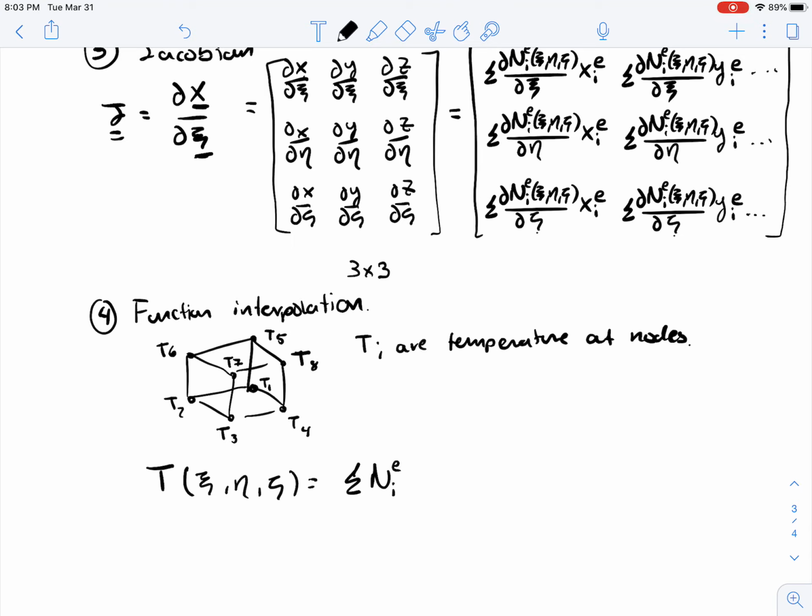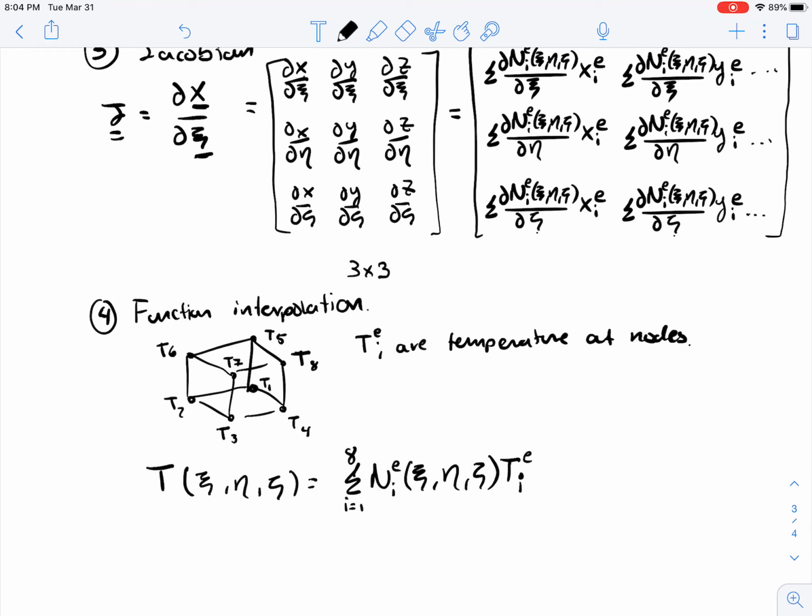Temperature equals, so the interpolation of the temperature is going to be the sum of the shape functions, in this case 8 shape functions, which we just wrote down, and they are functions of these 3 variables, times the temperature at the nodes. So that's how you would interpolate. Given that you know the temperature values at the nodes, just evaluate the shape functions at any psi eta zeta, right?